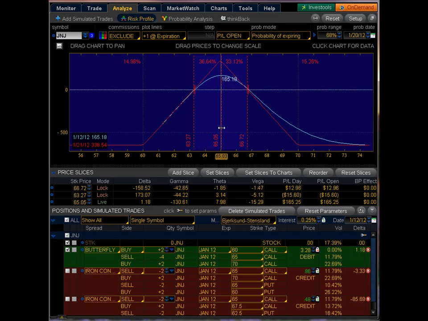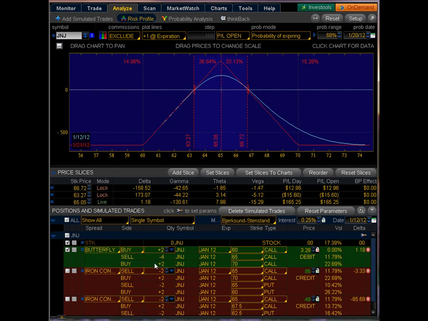So that tells us that if Johnson & Johnson doesn't move from this spot, you're going to make another $8 tomorrow, and then the theta will increase because you're getting closer to expiration. So you'll make maybe $8, $9, $10 the next day, and then a little bit more the next day, and then a little bit more the next day. As long as the stock doesn't move, you're making this theta day after day until your profit is high enough that you can get out of the trade.